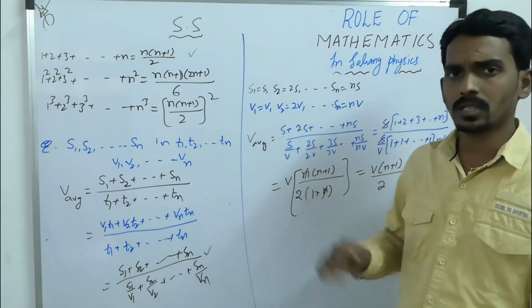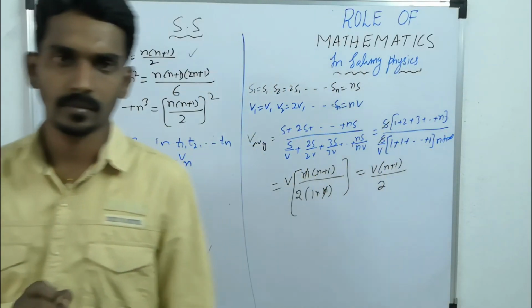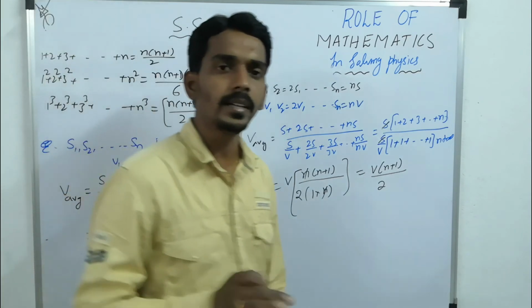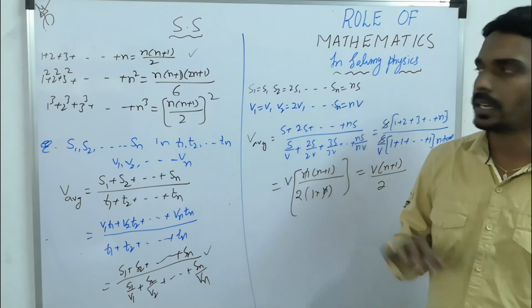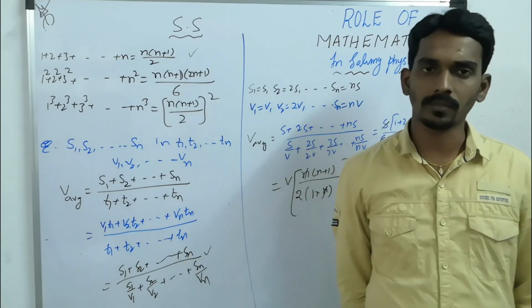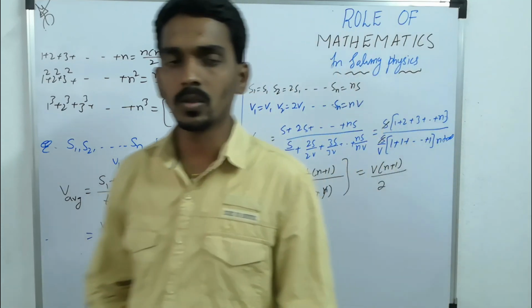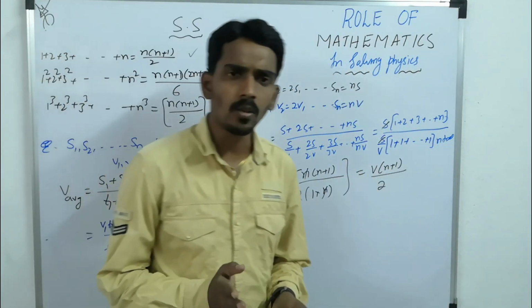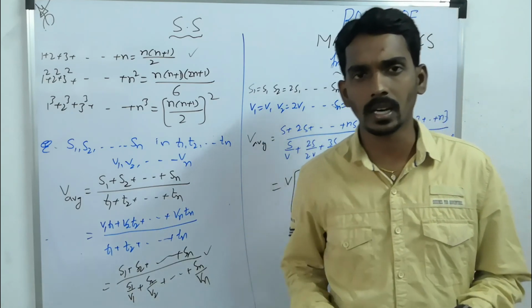But out of these, the most important one is the GP, the infinite series. Many times we get questions based on that. Apart from that, this one is also very important, because many times we will use it. So these are just formulas, please try to remember them without any confusion.